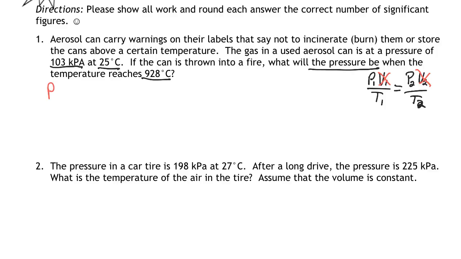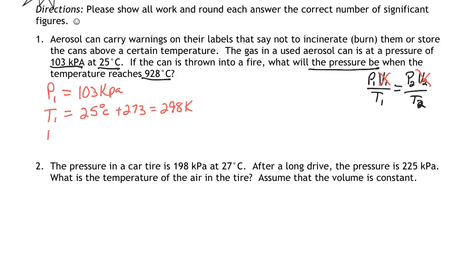P1 is going to equal 103 kilopascals, and the temperature one is going to equal 25 degrees Celsius. But I can't just leave it at 25 degrees Celsius. Remember, all gas problems have to be completed in degrees Kelvin. So I need to add 273 degrees to that, which equals 298 degrees Kelvin.